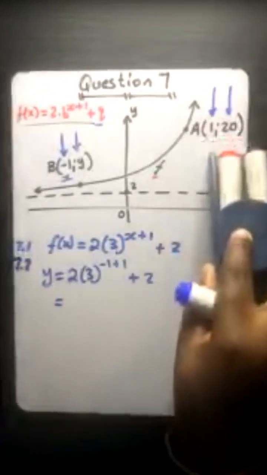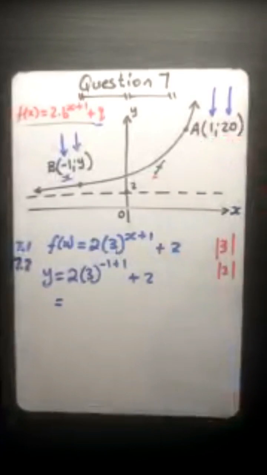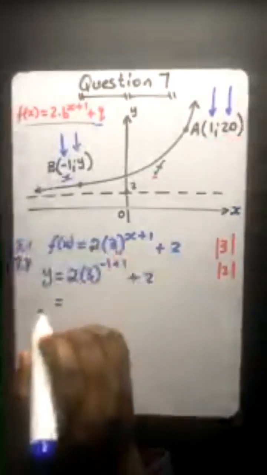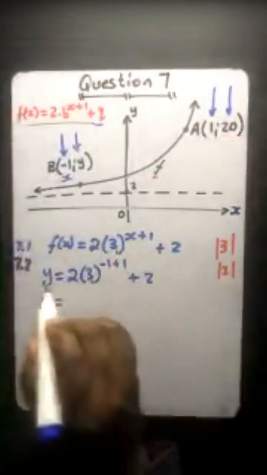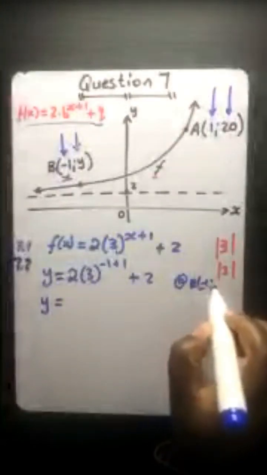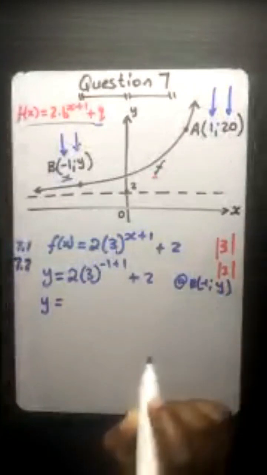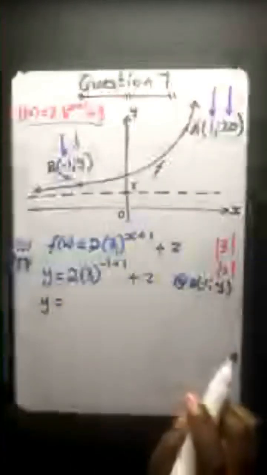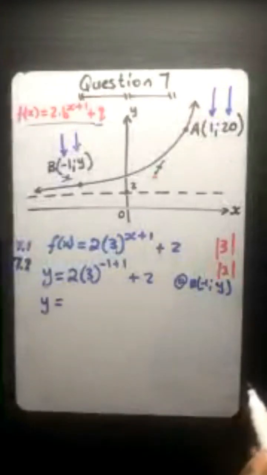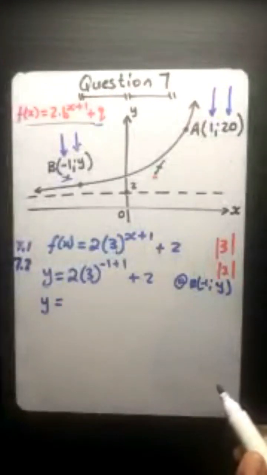But in this case, we are looking for the y coordinate of point B. So from this same equation at point B, which is -1 and y, what is the y value, or what is the y coordinate?